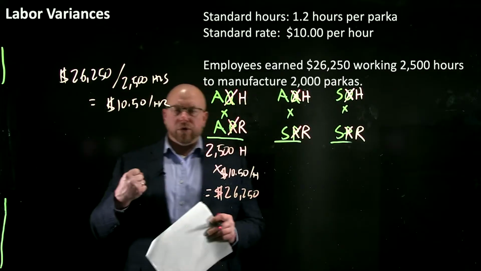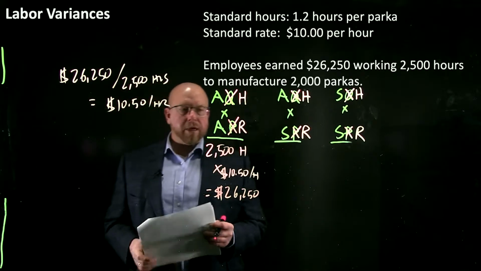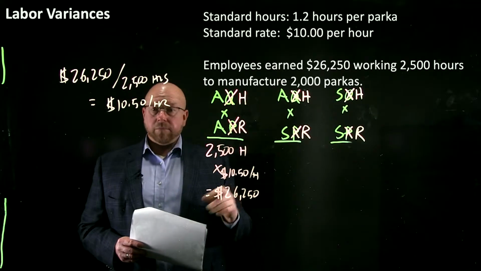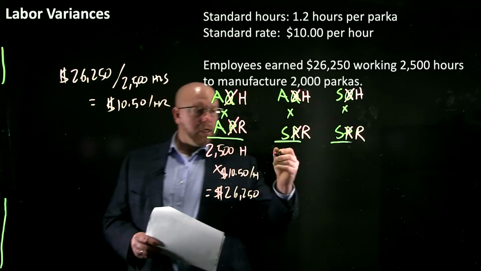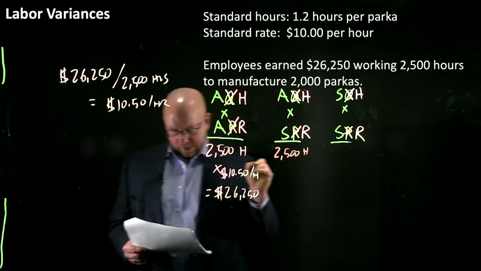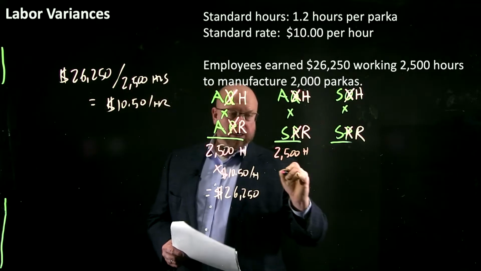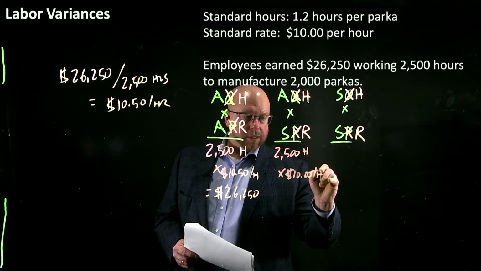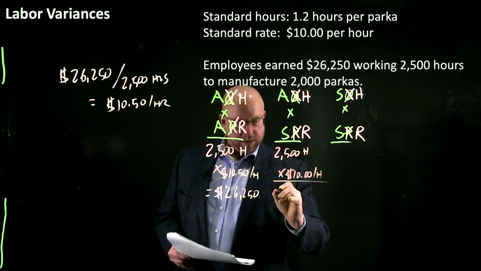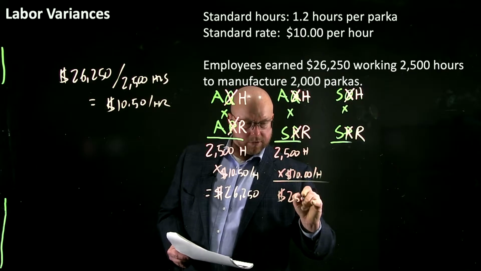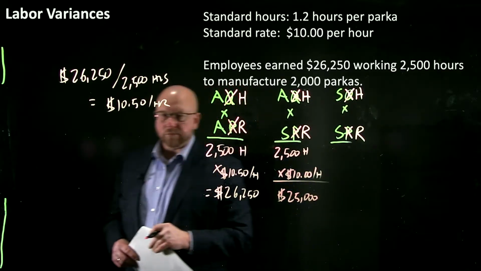Now, in order to measure the impact of the rate variance, we need to leave the hours constant in this analysis. So we'll still have the 2,500 hours right here. And now the standard rate, right? $10 per hour. So what we're supposed to spend for 2,500 hours is $25,000.